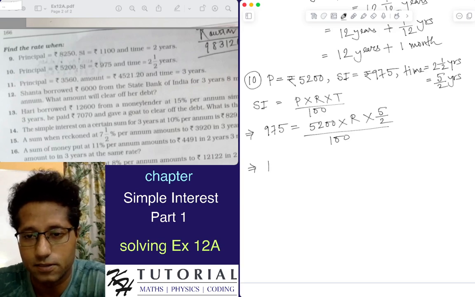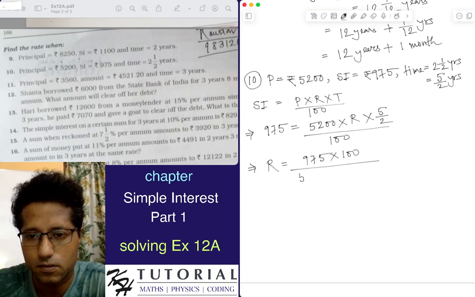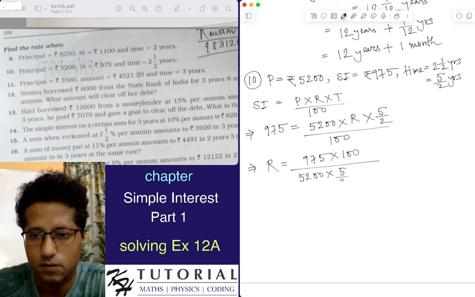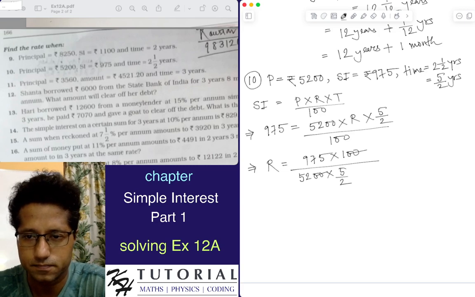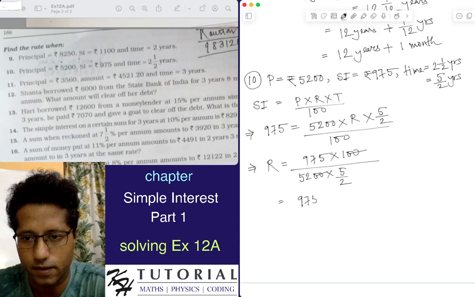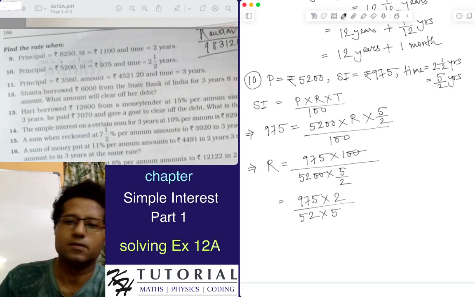So from here we can say that R equals 975 into 100 divided by 5200 multiplied by 5 by 2. Now 20 cancels, 20 cancels, and this is equal to 975, 5 by 2, the denominator 2 goes in the numerator, and we have 52 multiplied by 5.